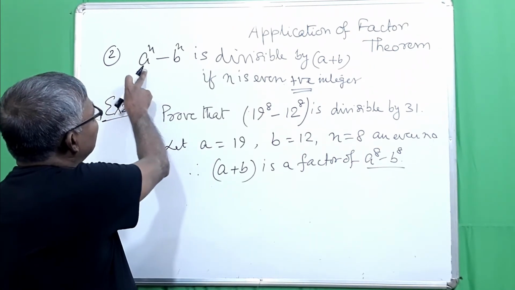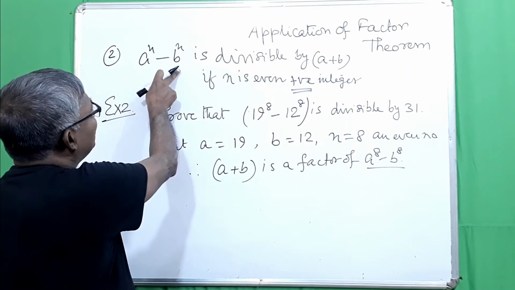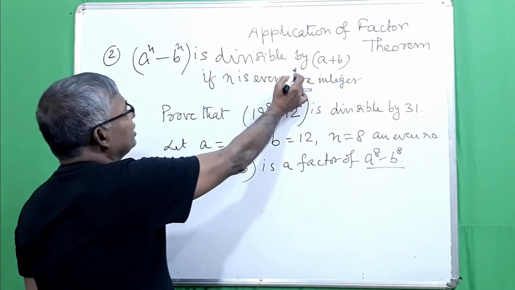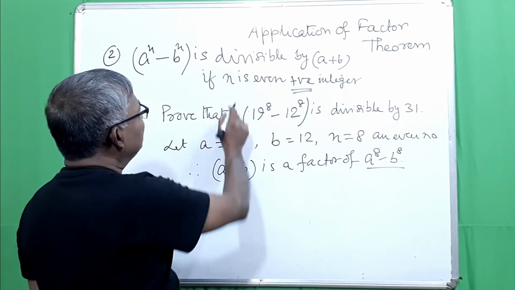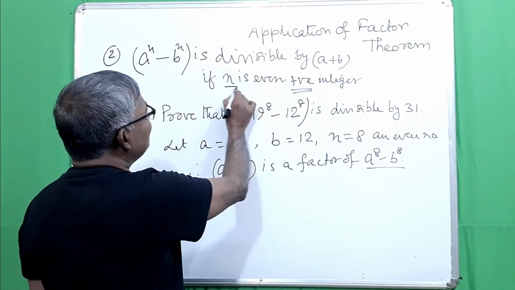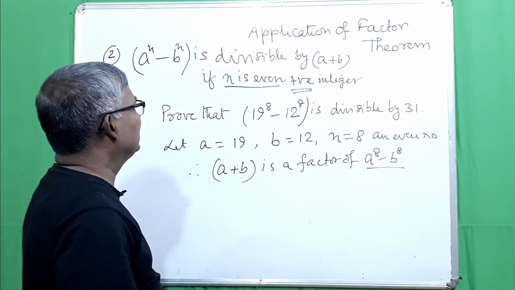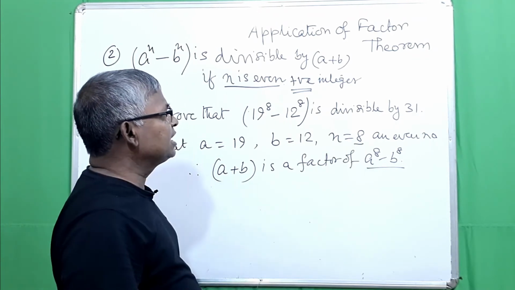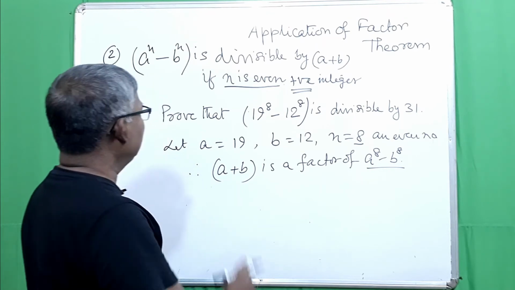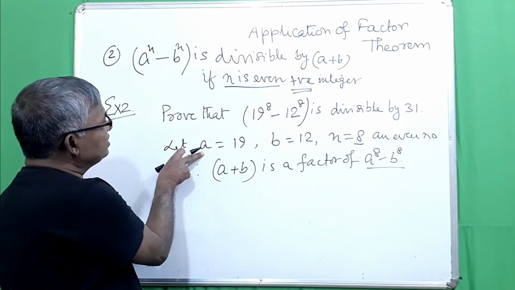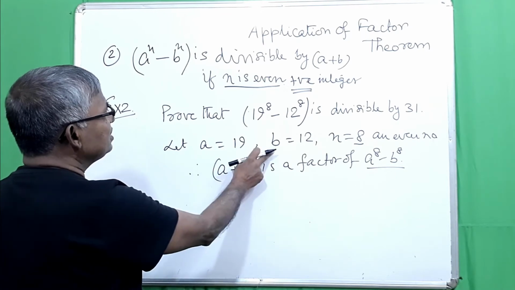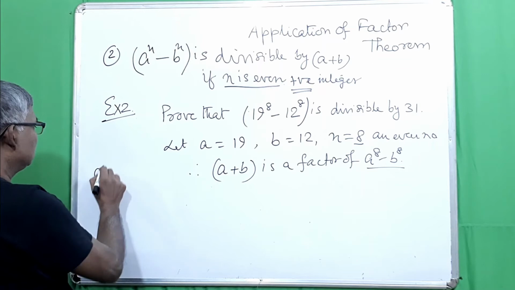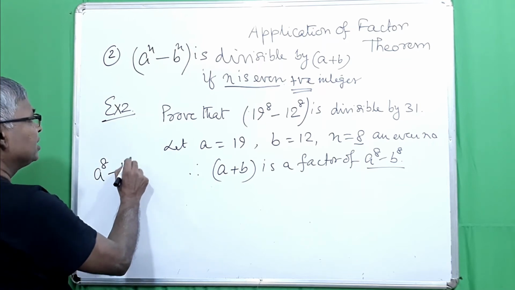From this property, a to the power n minus b to the power n is divisible by a plus b if n is an even positive integer. Here see, n is 8, that is an even integer, and here a is 19 and b is 12. So it is a to the power 8 minus b to the power 8.